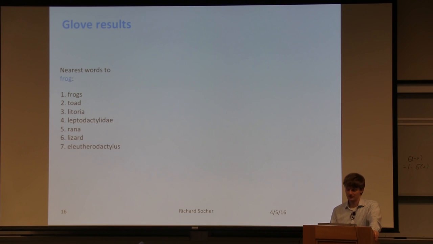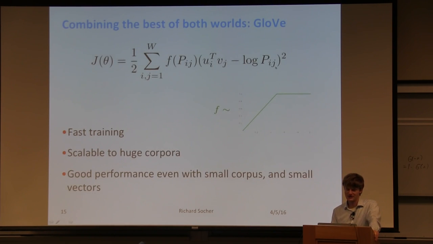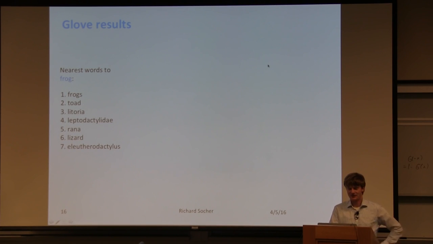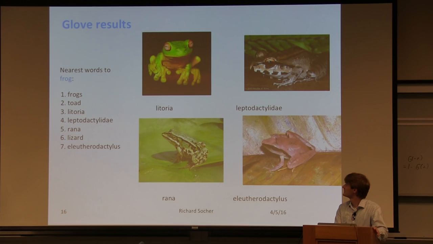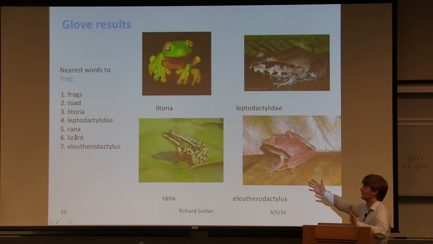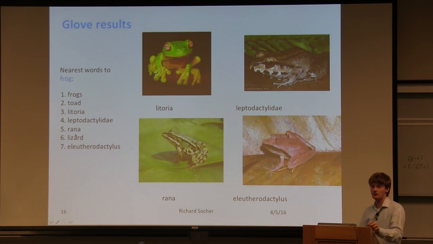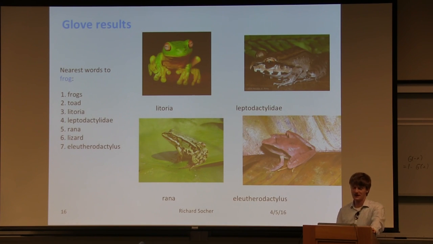So let's look at a couple of the results. This model is the GloVe model, global vector model. And if we now look at simple inner product similarities and distances, we can basically find that, for instance, for frog, the nearest neighbors in our now usually 100-dimensional or so vector space are all different kinds of frogs.